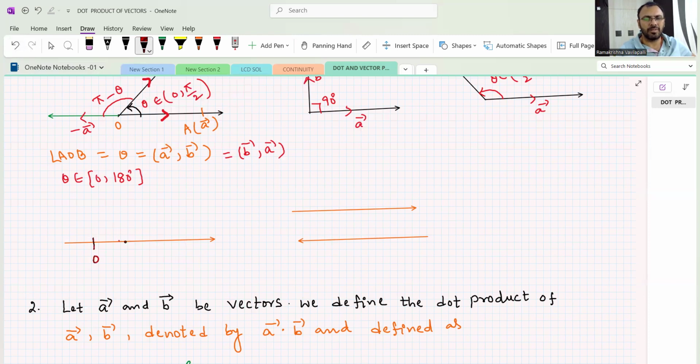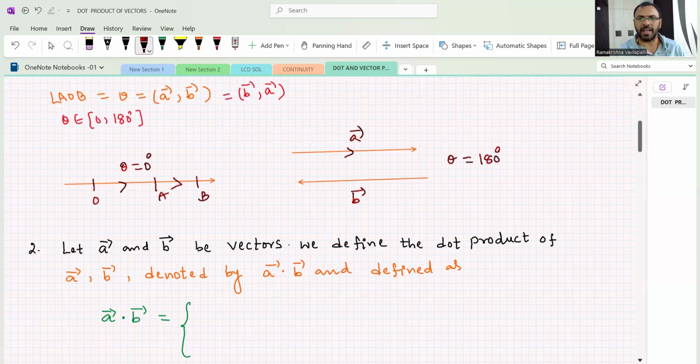Here theta is equal to 0 degrees. There is no rotation at all. Now assume this is A bar vector and this is B bar vector. These are unlike vectors. In this case, theta is equal to 180 degrees.